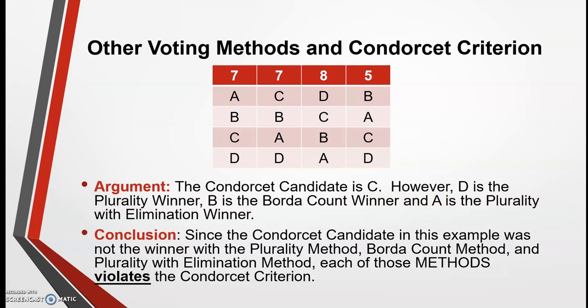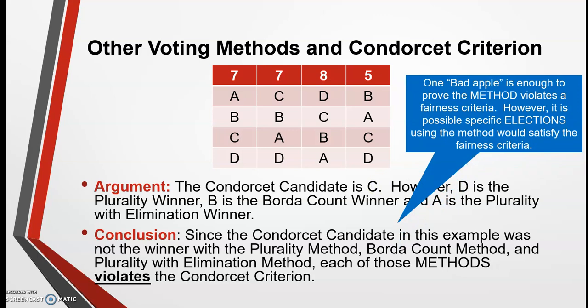So that's proof that the plurality with elimination method violates the Condorcet criterion. The conclusion here is that since we have an election that has a Condorcet candidate, but they do not win the plurality method, the Borda count method, or the plurality with elimination method, all three of these methods violate the Condorcet criterion.